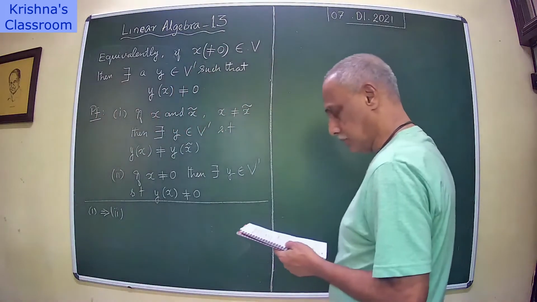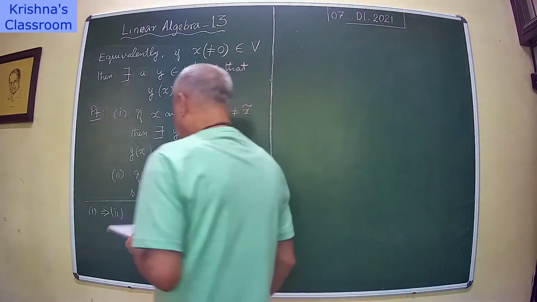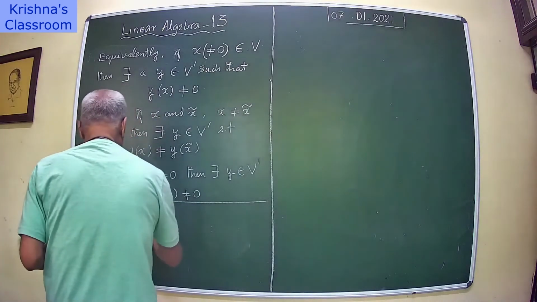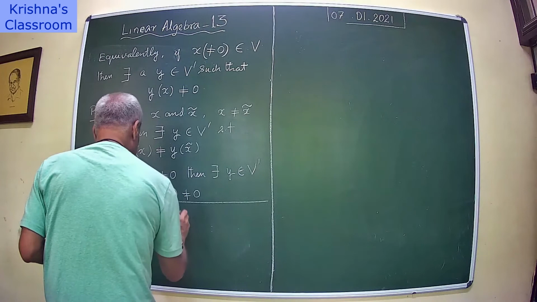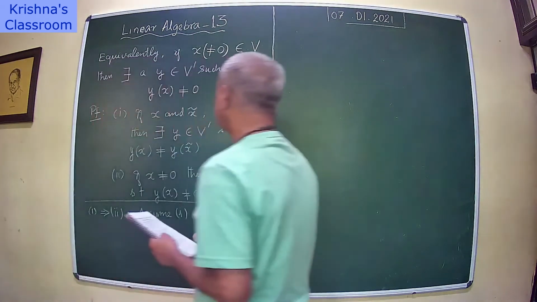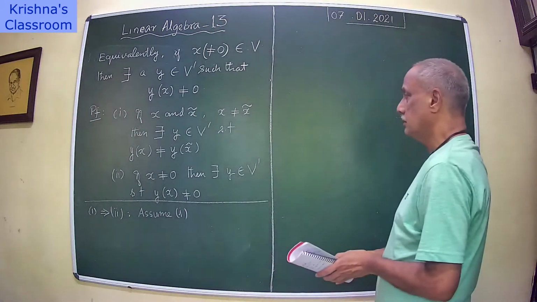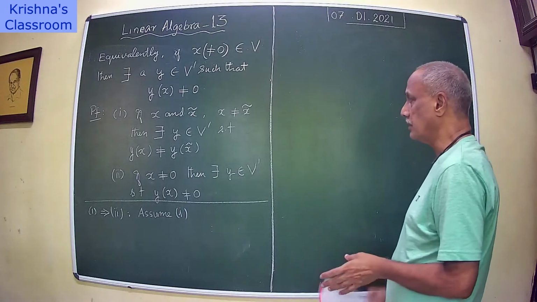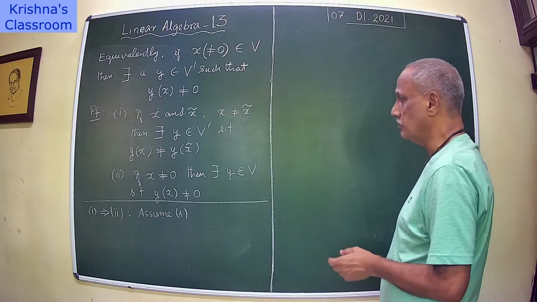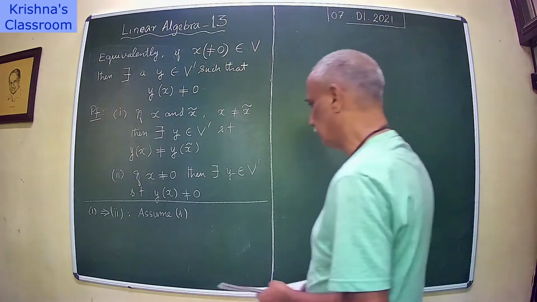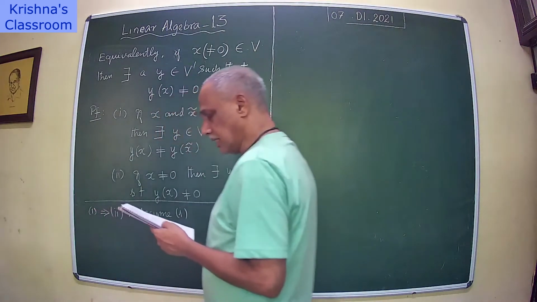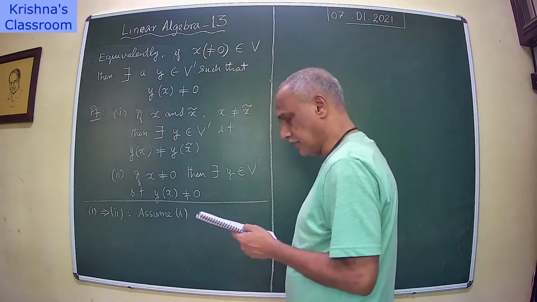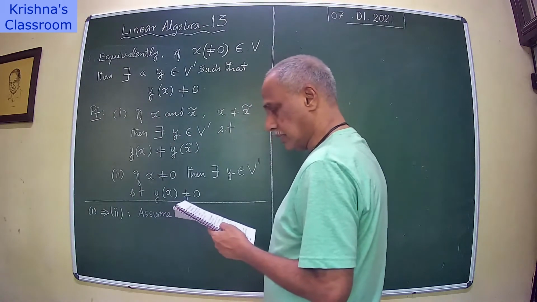1 implies 2. Now you see, assume x and x tilde are such that x is different from x tilde.